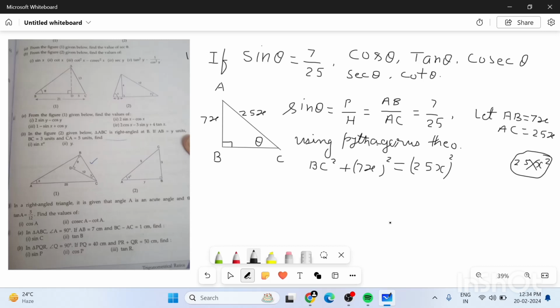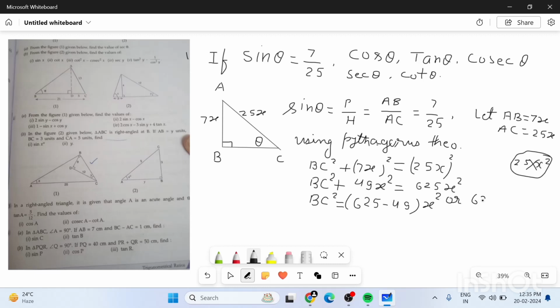Whenever you simplify this, on simplification you will have BC square plus 7 7 ja 49 x square is equal to 25 square is 625 x square. Now I hope everybody at this stage knows simplification. 625 x square minus 49 x square, you can take common altogether or write separately, it depends on you.